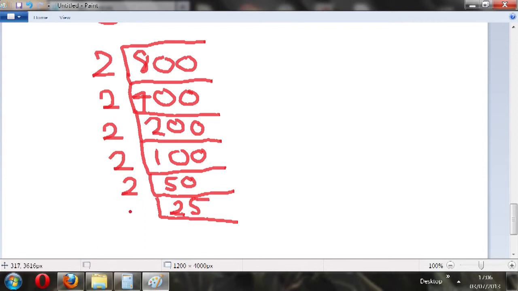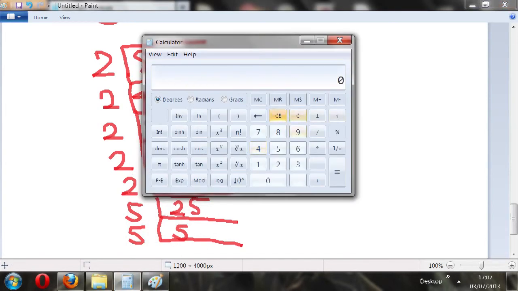And obviously just keep on going, so it's 5 and 5. All right, so we've got 1, 2, 3, 4, 5. So 32 times 25. Let's see what 32 times 25 is. 800.